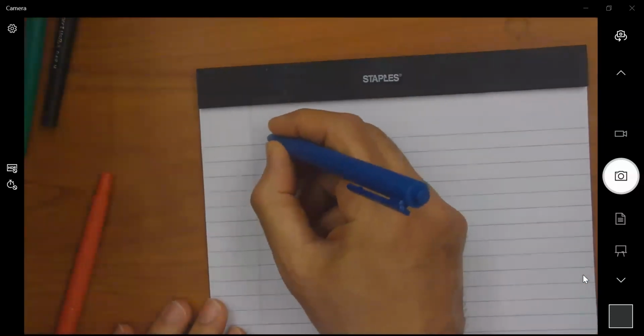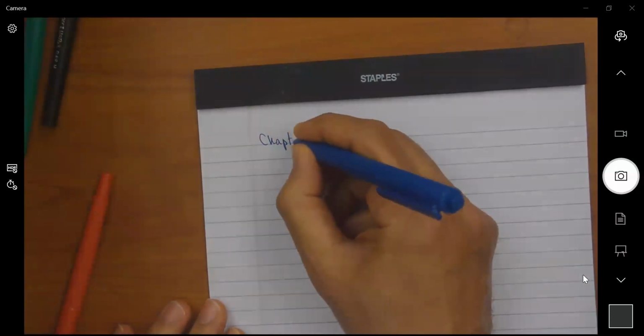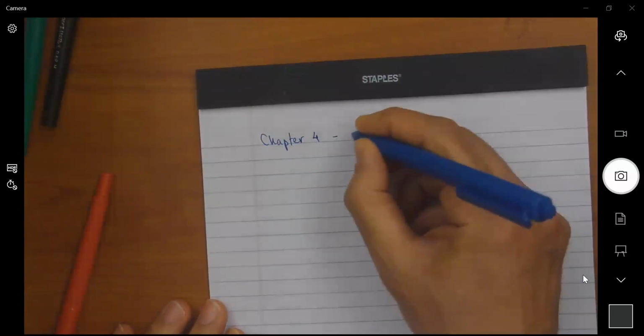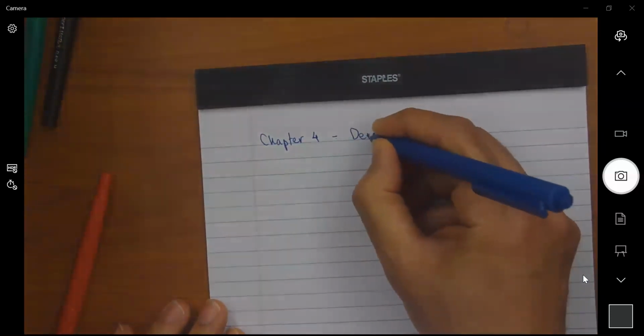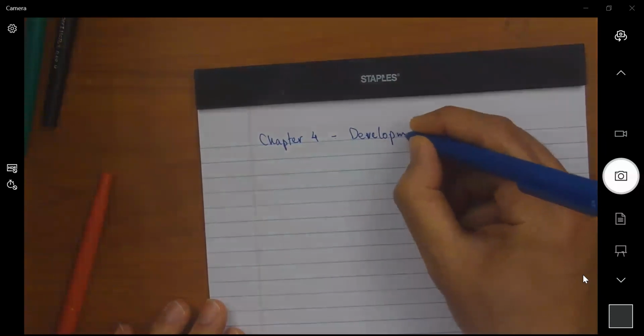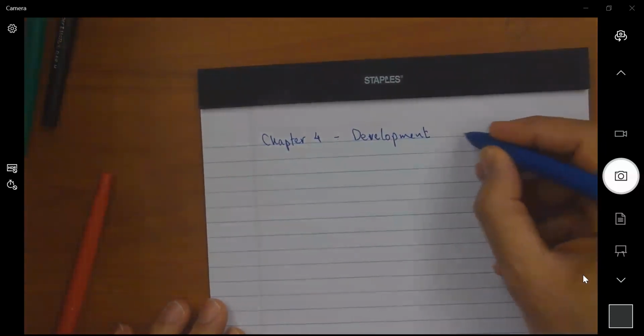So this is the beginning of chapter 4, where we're going to study the development of beam equations.